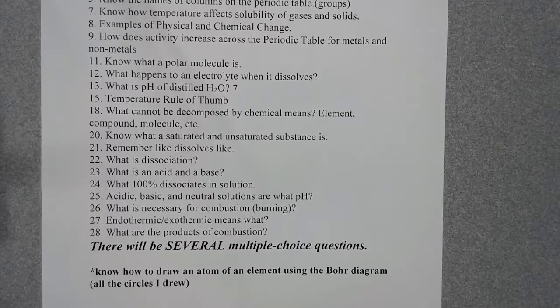And unsaturated is when not all the solute that will dissolve at that temperature has been dissolved into the solution. Number 21 says, remember, like dissolves like, which is basically the example I gave you last week, where water is polar and will only wipe things off your hands easily with other polar molecules.